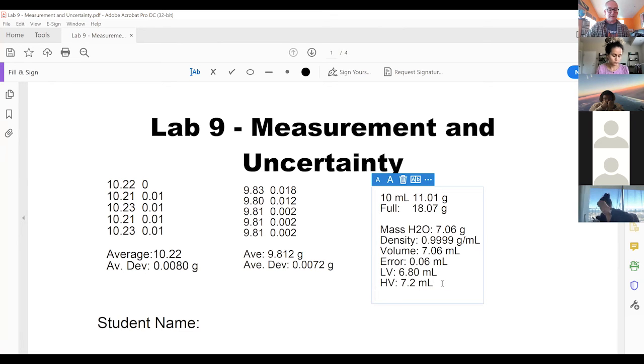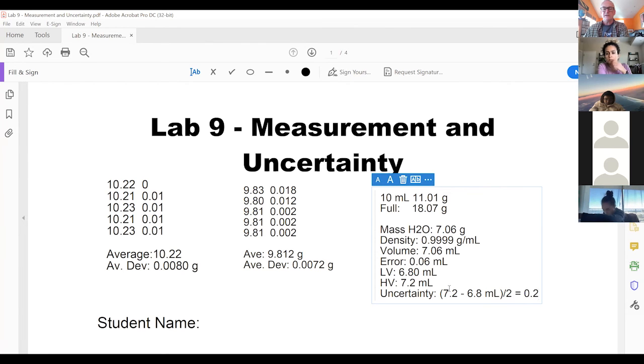Now I'm working out the uncertainty. The uncertainty is your high volume minus your low volume, divided by 2. So 7.2 minus 6.8, divided by 2, equals 0.2.